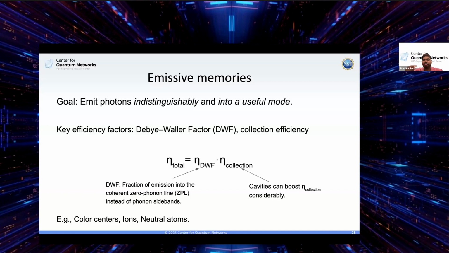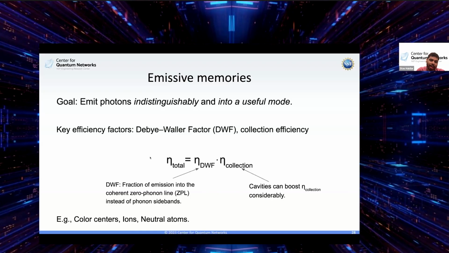Because remember, this emission of the photon from the memory doesn't always have to be in a particular direction, right? So it has to be coupled to some fiber, and there you also have what is called loss in collection, and that is quantified by what is called the collection efficiency. Right? And both of these things put together give you the total efficiency of an emissive memory.